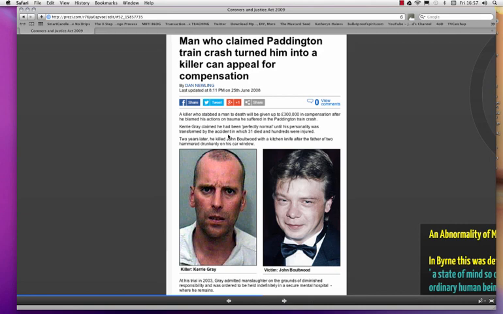And then 2 years later, still suffering from this syndrome, he kills John Boltwood, father of two, who was drunk and had actually tapped on Gray's car window. In 2003, at his trial, Gray admitted manslaughter on the grounds of diminished responsibility, and he was ordered to be held indefinitely in a secure mental hospital where he remains.